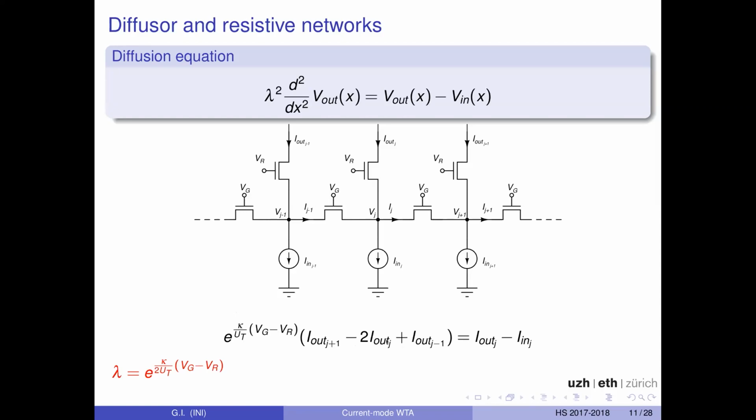So that you have a space constant that is multiplying I out j plus 1 minus 2 I out j plus I out j minus 1, and it's equal to I out j minus I in j.